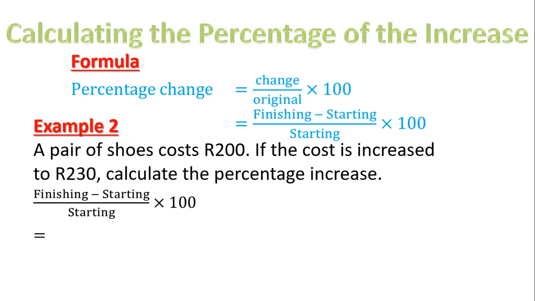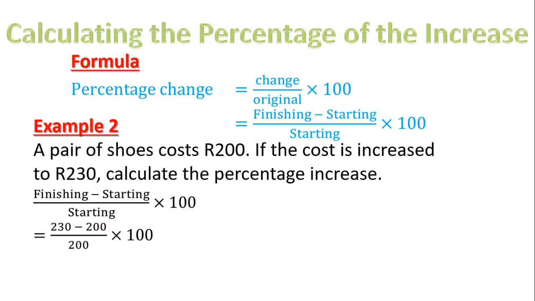So that equals our finishing amount. Well, it's increased to 230, and so that's 230 minus, and our starting amount, it started off at 200, and so minus 200, the starting amount, the cost of the shoes. Then over the starting amount is 200 again, and then times by 100.